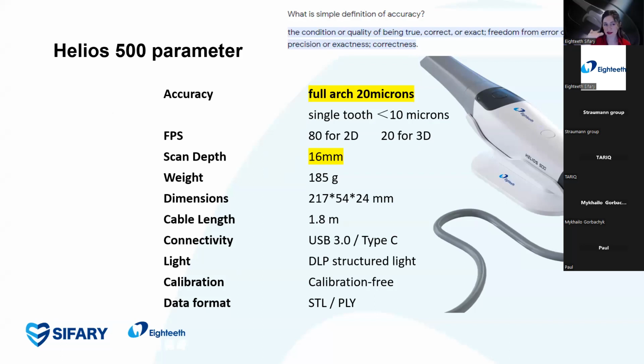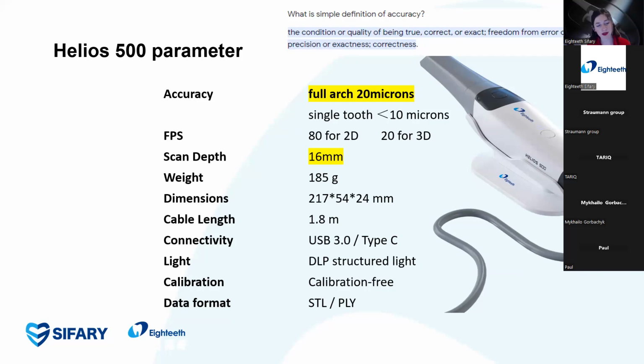And the scan depth is 16 millimeters. What does scan depth mean? The light goes onto the model, and in order to scan, it has to see that area. It can only see to a depth of 16 millimeters, which we'll be using for our inlay, onlay, or endocrowns.